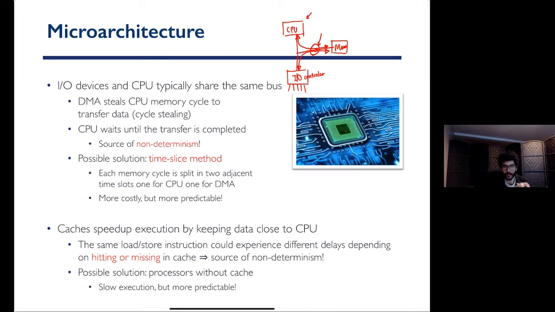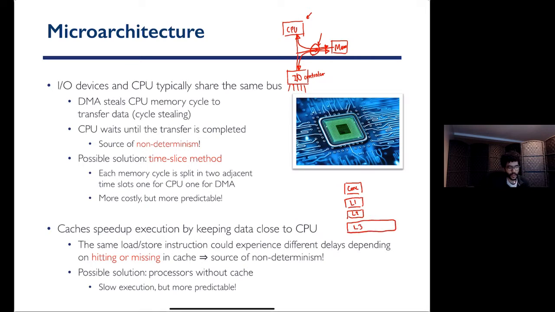The other example, as we were talking about multiprocessors, is caches. So if you remember, in general purpose processors, my CPU core has a private L1 cache, and then probably a private L2 cache, and then a shared L3 cache. Right?